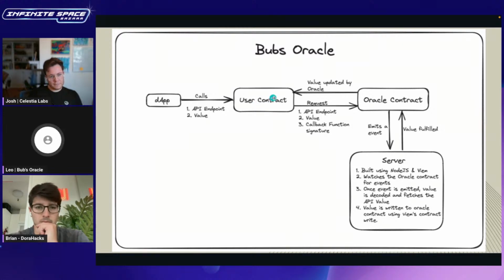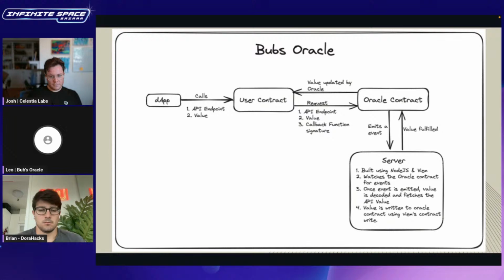The user contract requests the Oracle contract to make an external API request, and the Oracle contract emits an event with a request. Our server catches this event, makes an external API call and gives it back to the Oracle contract. This contract will hold the data now, and this data will be passed down to the user contract, and the dApp is able to use this data in the app.